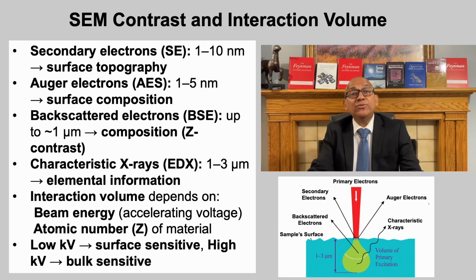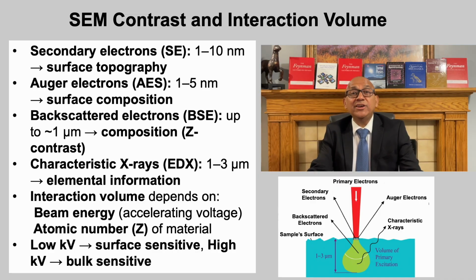Some inelastic collisions excite inner shell electrons, causing X-ray emission, characteristic of specific elements. This forms the basis of energy dispersive X-ray spectroscopy, EDX, which provides elemental analysis from a few micrometer depth.